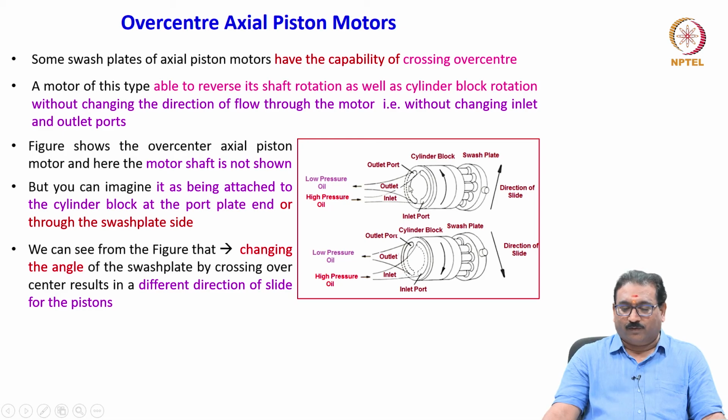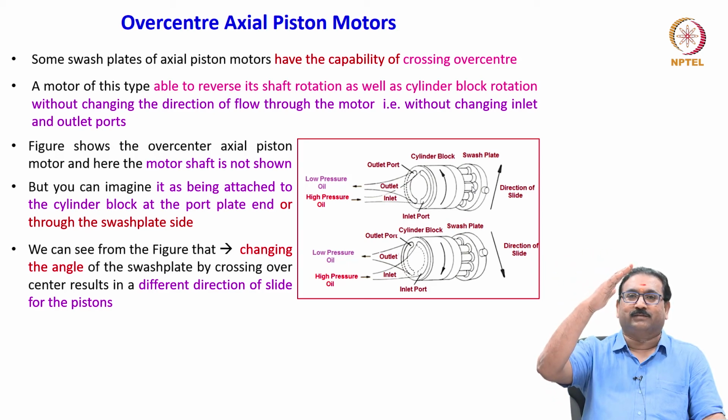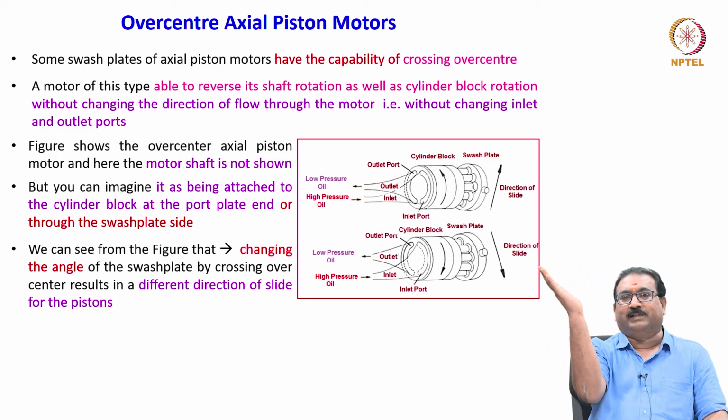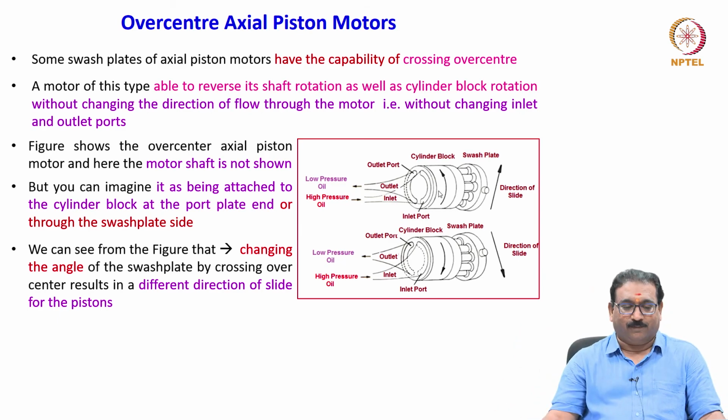We can see from the figure, friends, the direction of the swash plate in the first case, and see the direction of rotation in the second case, it is like this. The inlet and outlet I am not changing, I am changing the rotation of the swash plate like this or like this. This is a crossing over center design.